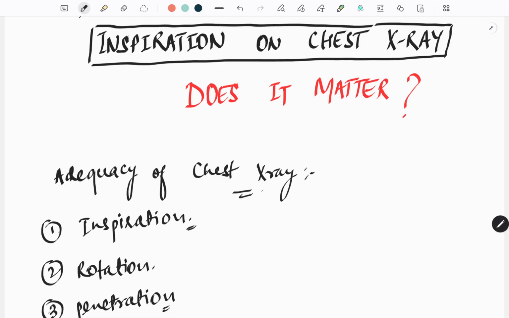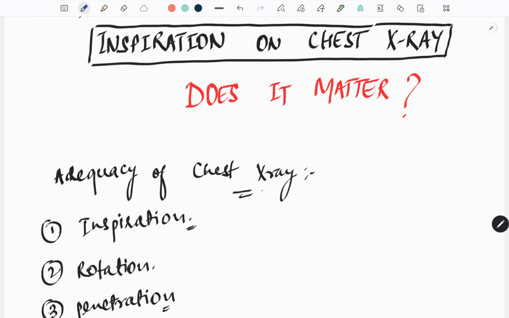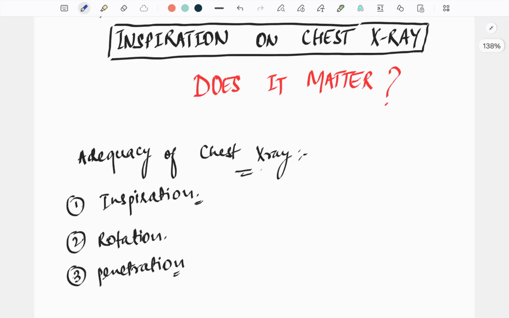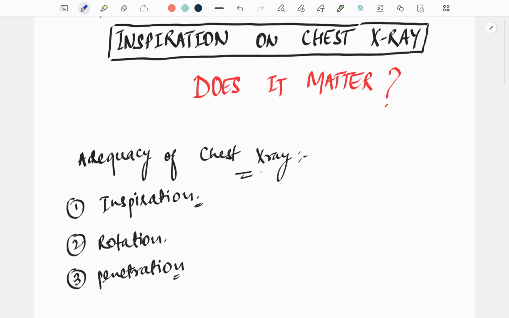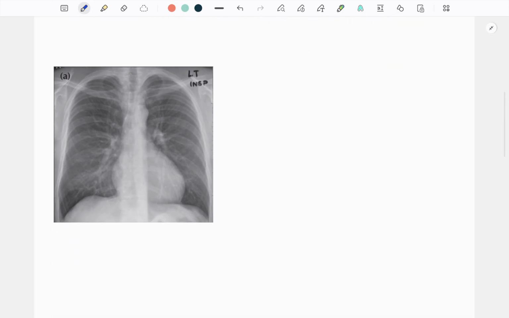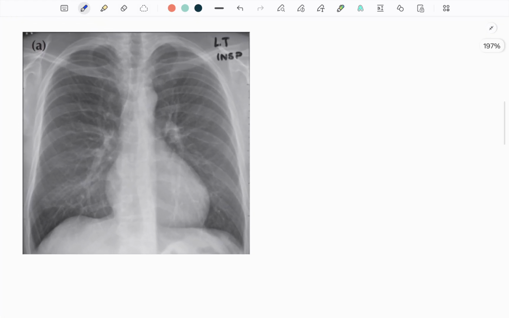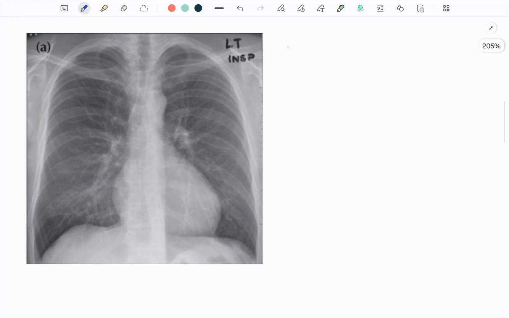How does this inspiration affect, whether this inspiration even matters, okay? And if it matters, how to assess that inspiration on a chest x-ray? First of all, we'll come to how to assess inspiration.